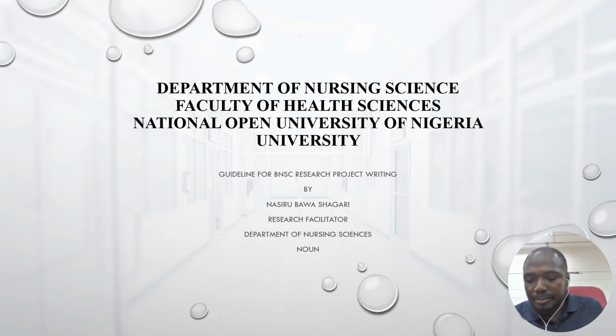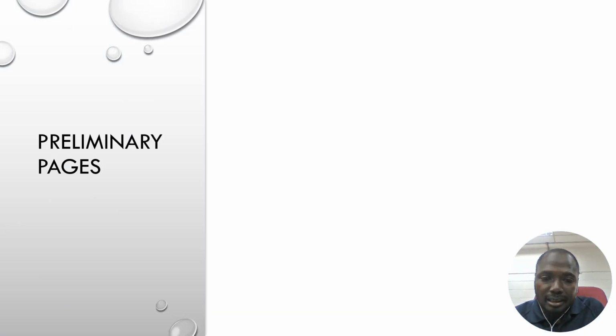So based on research, the outline on how you are going to write your research, there's what we call the preliminary pages. These are the pages that you do mostly after you are done with your research, after completing chapter 1, 2, 3, 4, 5, or 6, depending on the type.